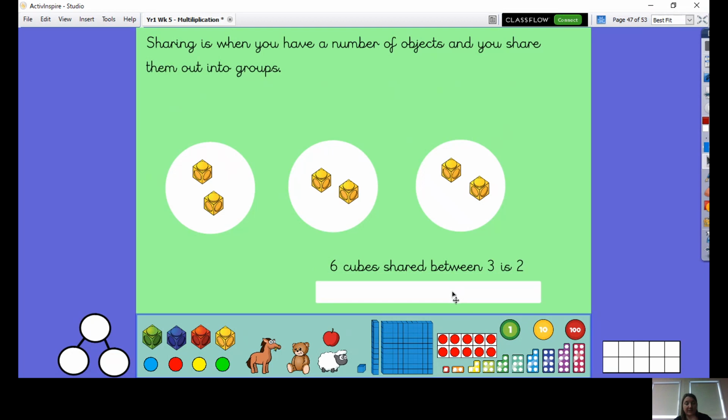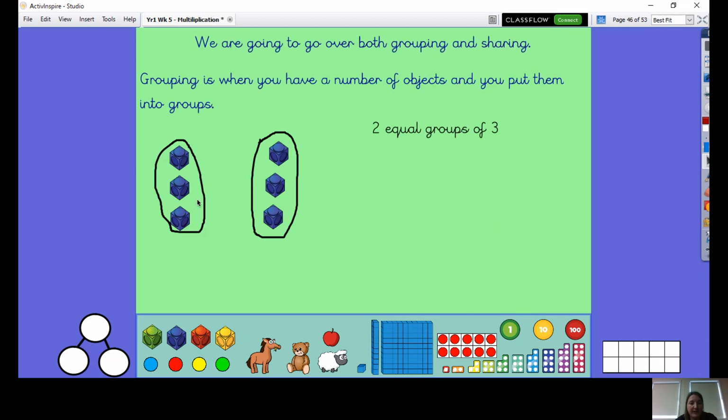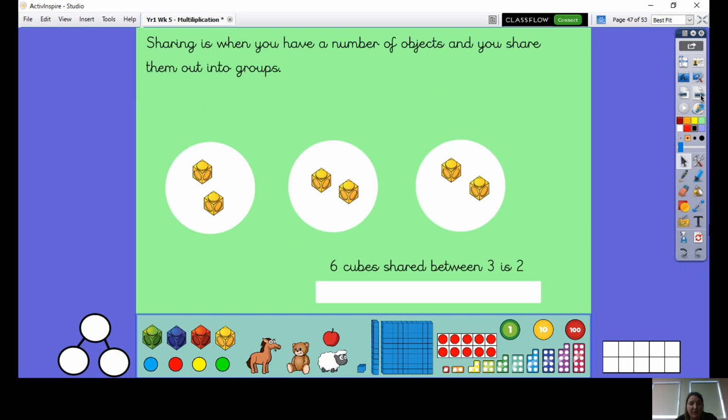I had 6 cubes to start with. 6 cubes shared between 3 groups or 3 plates means there's going to be 2 on each one. So grouping is where you group the objects, and sharing is when you share out the objects.